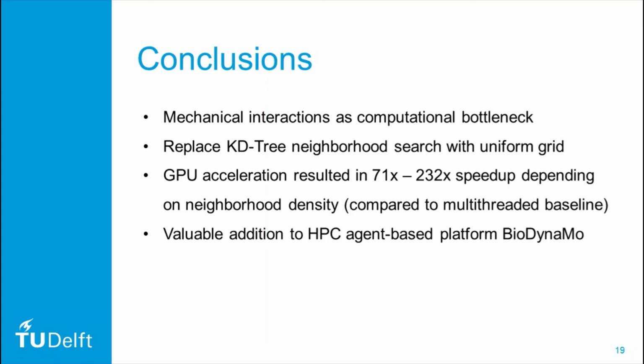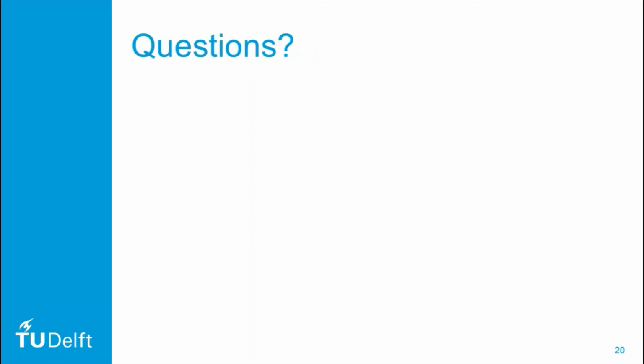Accelerating the mechanical interaction operation with the GPU resulted in speedups of around 2 orders of magnitude in comparison to the multi-threaded CPU baseline version, depending on the agent-based model. This result enables researchers of cellular agent-based models to obtain biologically insightful simulations with BioDynaMo more rapidly.